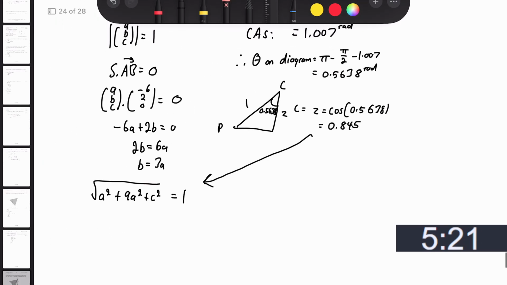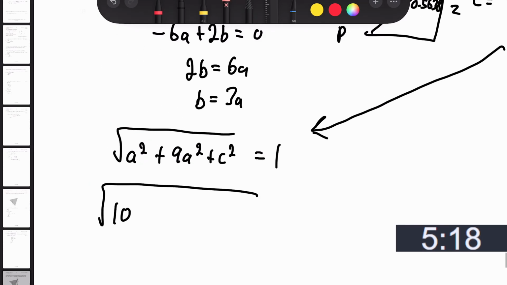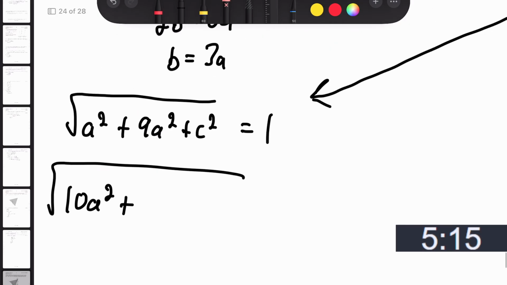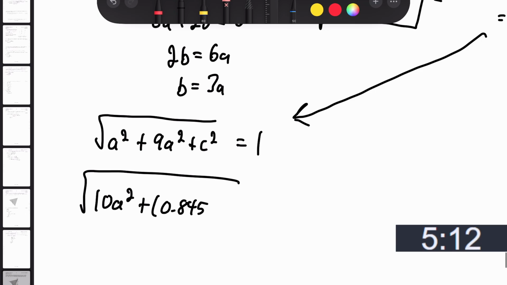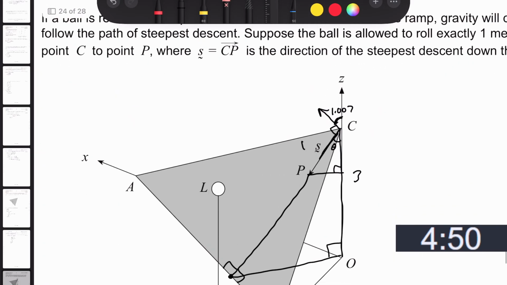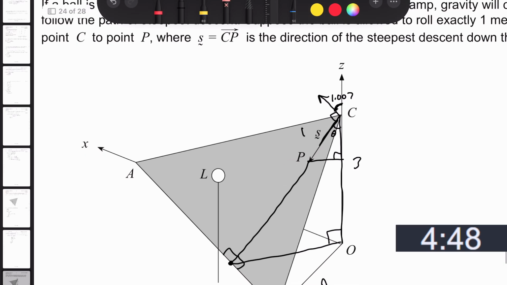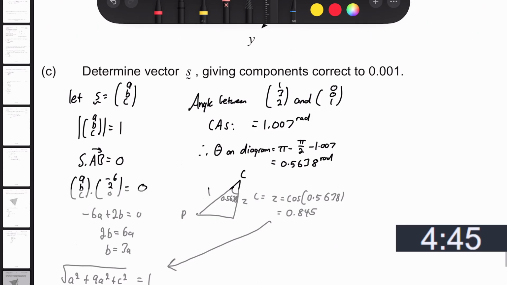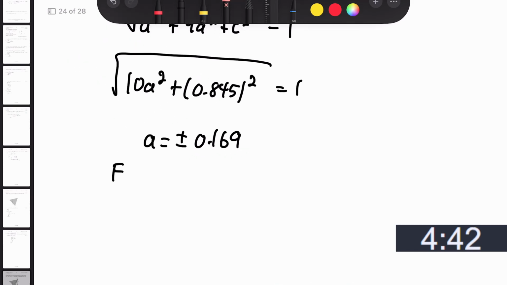And we bring this to here, square root of 10a squared plus 0.845 squared is going to be equal to 1. A is going to equal, so 10a squared plus 0.845 squared equals 1. So it is plus or minus 0.169. Clearly from the diagram A is greater than 0.